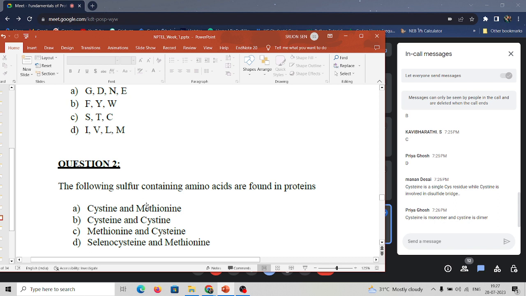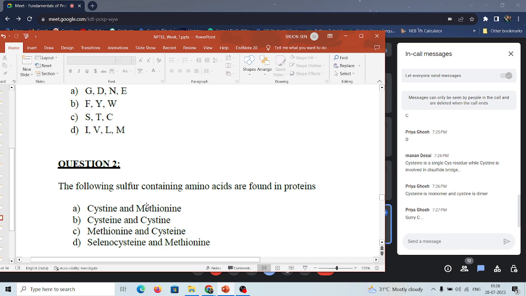The main amino acid is the cysteine, that is your monomer, but the dimer is involved in the disulfide linkage. That's a disulfide linkage and not an amino acid. The two cysteines are involved. That's true, but over here the right answer would be methionine, which already has a sulfur group in its side chain, and the other one would be the monomer form of cysteine.